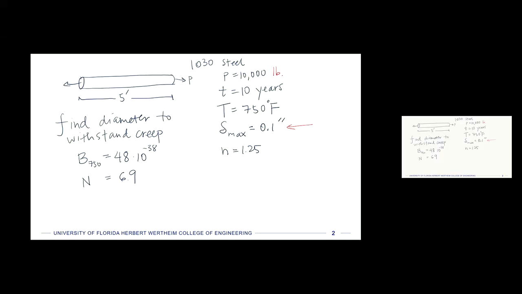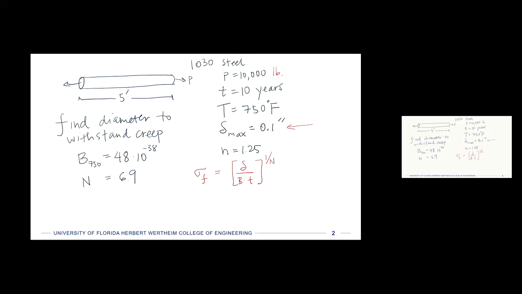So we had reorganized the log stress time creep law to give us this equation. We define an allowable stress, failure stress, as being equal to delta divided by B times time t, to the 1 over n.